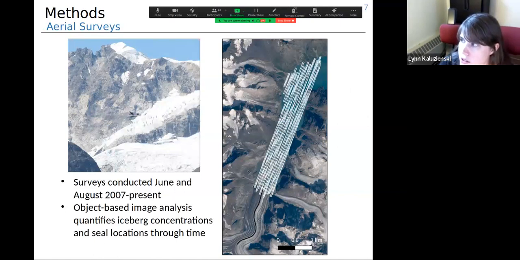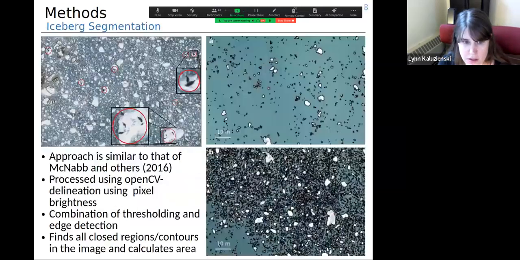Over 91 surveys were conducted between 2007 and 2019, a few happening in June and a handful happening in August each year. The biologists have used this for object-based image analysis. They've located seals within those photographs, and then we've used it to quantify iceberg concentrations.